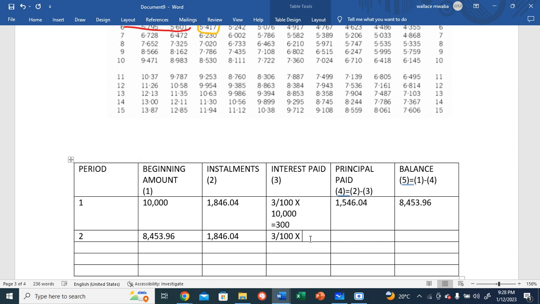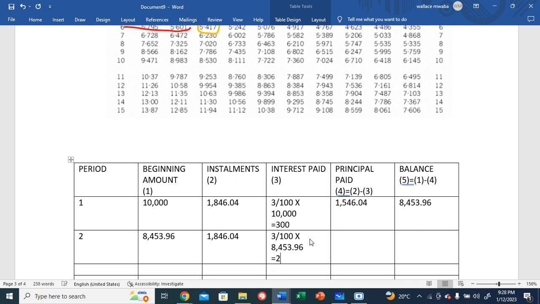When you're doing this type of calculation, such things happen. So I need someone to cross check with me. 8453.96 multiplied by 0.03, which is 3%, you get 253.62.